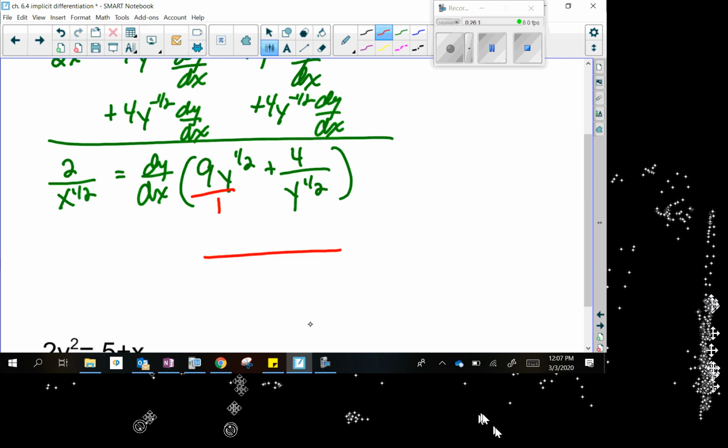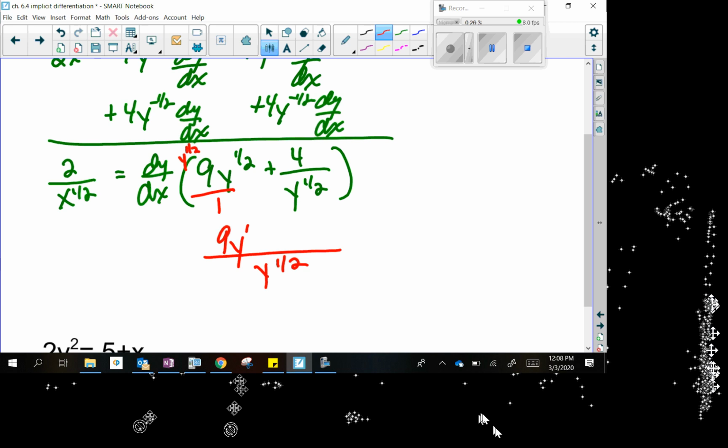Y to the 1/2, right? Everybody good with that? What do we need to do to this term to make it have a denominator of y to the 1/2? There you go. And what do we get? Right. 9y to the first. Everybody get that?